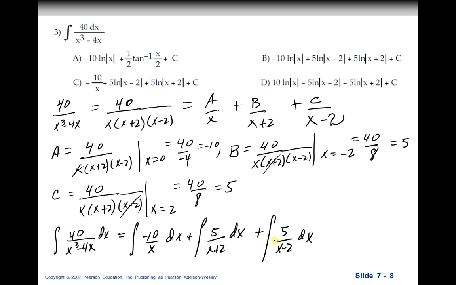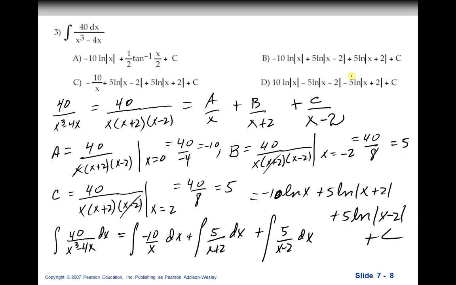And this is equal to minus 10 ln of the absolute value of x plus 5 ln of the absolute value of (x + 2) plus 5 ln the absolute value of (x - 2) plus a constant.